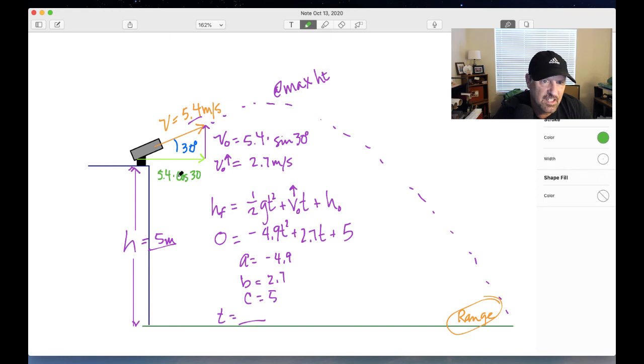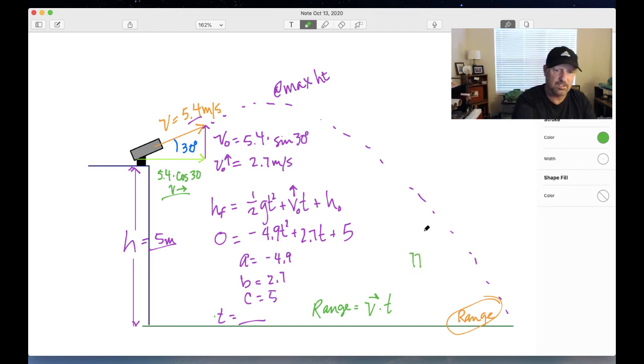So the adjacent side is equal to hypotenuse times cosine of 30, and you're going to get a number for that. You take that horizontal velocity and multiply it by the time that you plugged into your calculator, and you get the range, which is equal to v horizontal times time, because that comes from velocity.